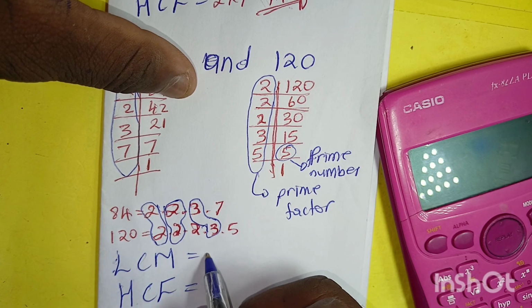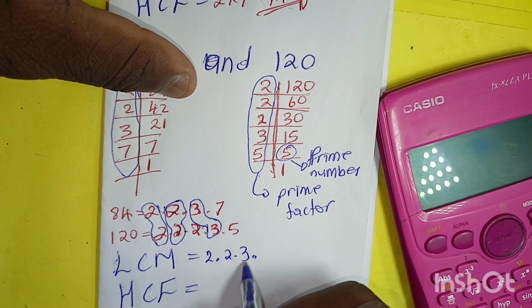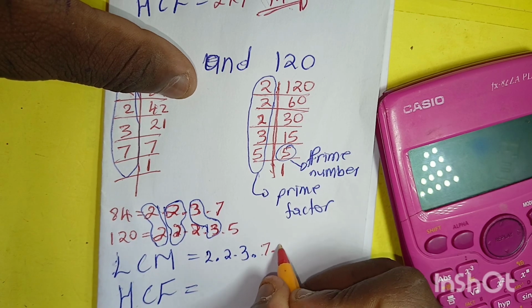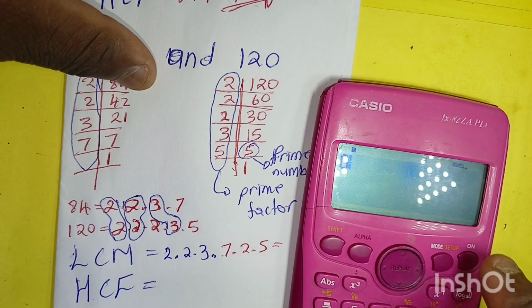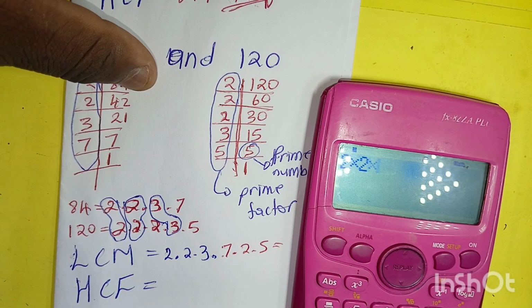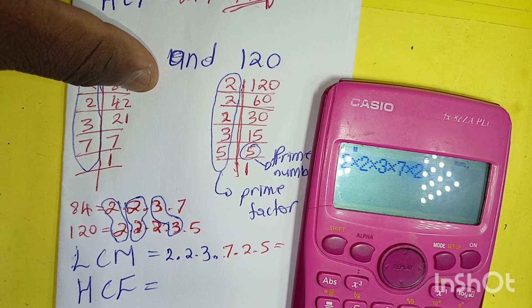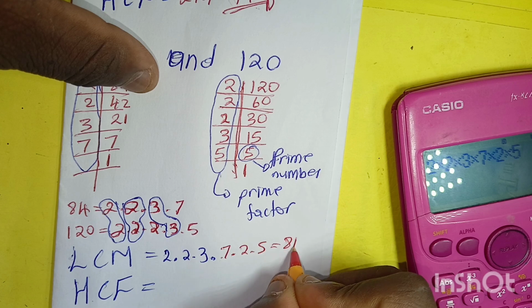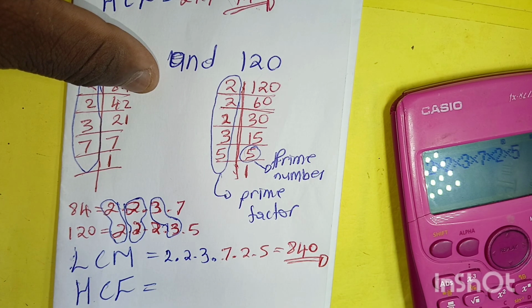You take everything here which is repeating, you take it once, and you take everything now, 7, which is 2 and 5. So what will be your final answer? I'm sure it will be a bigger number. Multiply by 3, multiply by 7, multiply by 2, multiply by 5. What a bigger number. So here it's 840. Do you see? 840.